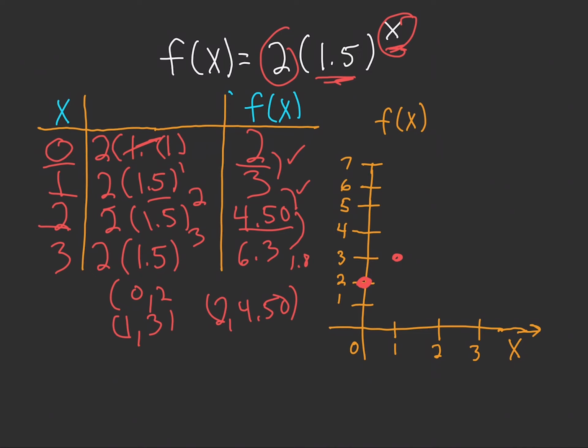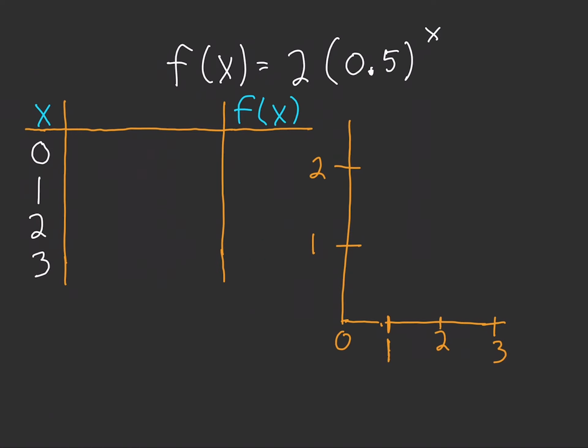I'm going to go right about there. And then finally when I have 3 and it goes to 6.3, 3 comma 6.3, I'm up about here. It's a little rough sketch, but it's basically getting this idea that it's going up. That's an exponential growth problem.